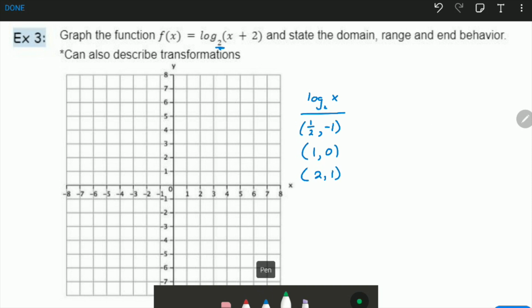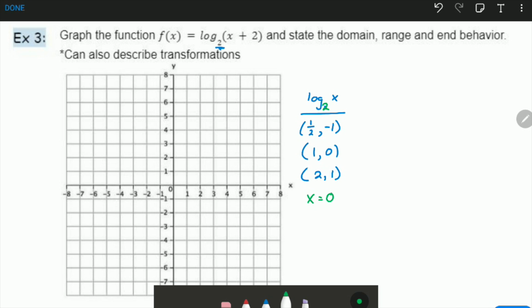To emphasize where these are coming from, remember that if our base is 2, well, log base 2 of 1/2 is negative 1. Log base 2 of 1 is 0, because any number to the power of 0 is 1, with the exception of 0. And then log base 2 of 2 is 1, because 2 to the first power is 2. And also the asymptote, which normally is at x equals 0.